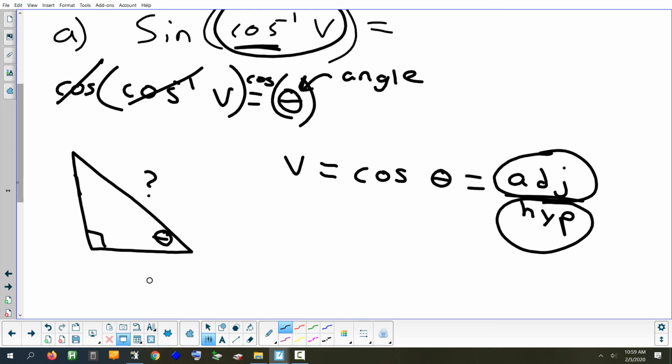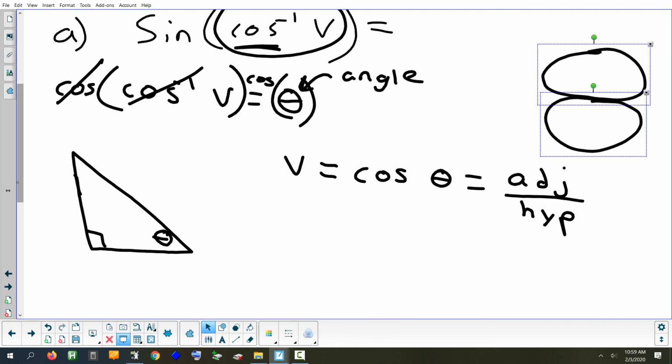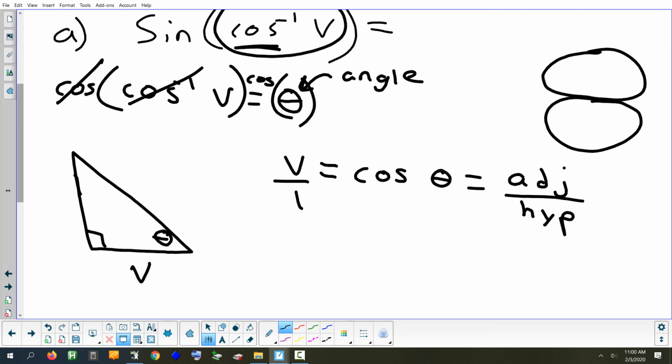So the way I would do it is I would think of V exactly like you have right there. Think of it as a fraction. How could you make V into a fraction? Yeah, V over 1. So now, the top of your fraction is the adjacent, and the bottom of your fraction is the hypotenuse.